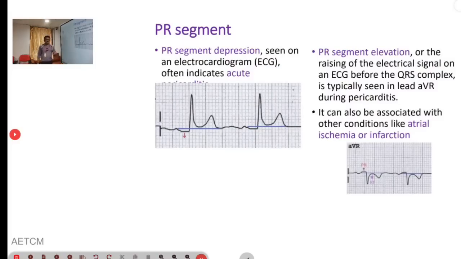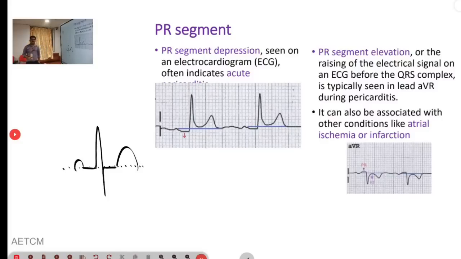Now the PR segment, it is not that important for a basic ECG reader, but if you know something about pericarditis, myocardial infarction, all these things, then this may be helpful. Normally, you get P, PR interval, QRS complex, ST segment, T wave. So you can see here, PR segment and ST segment are in the same line. But if the PR segment is elevated or depressed, then that is significant.